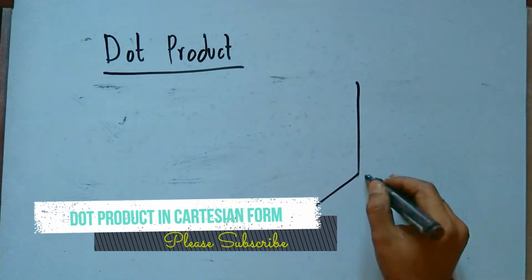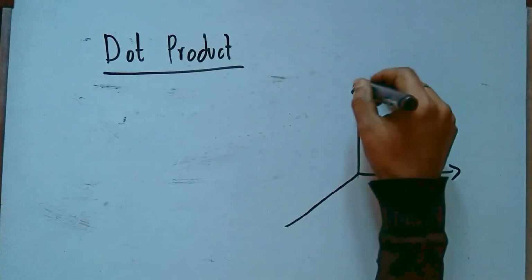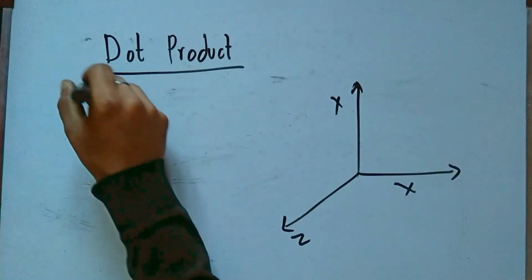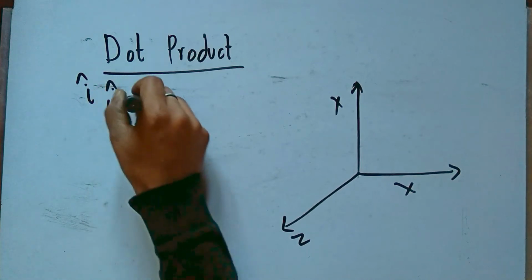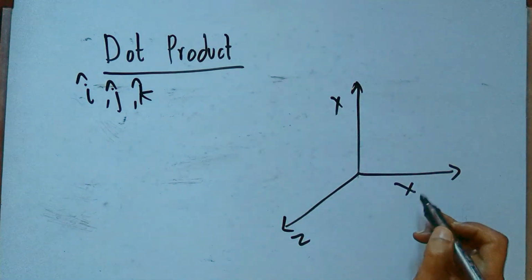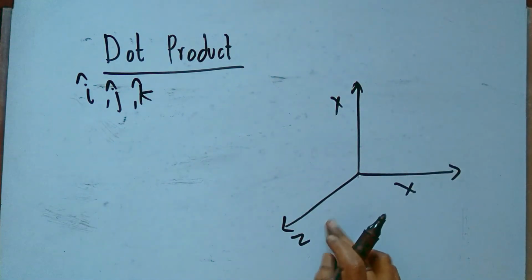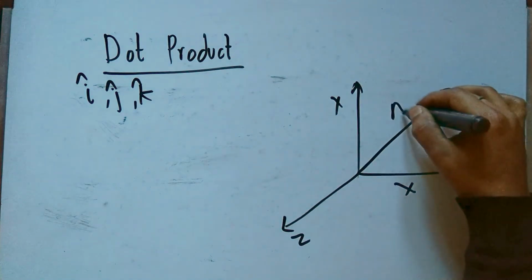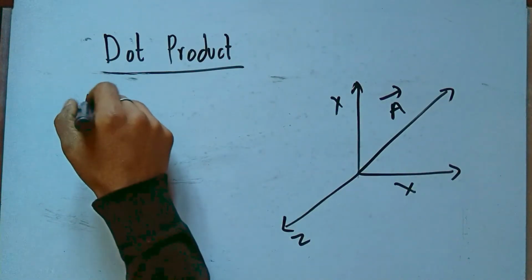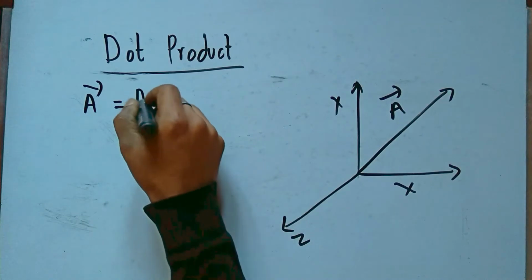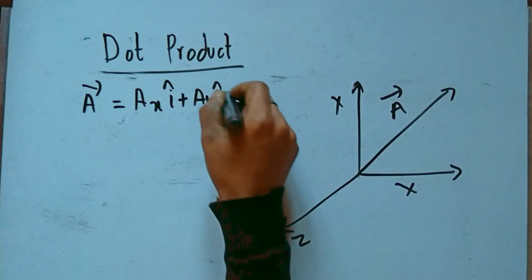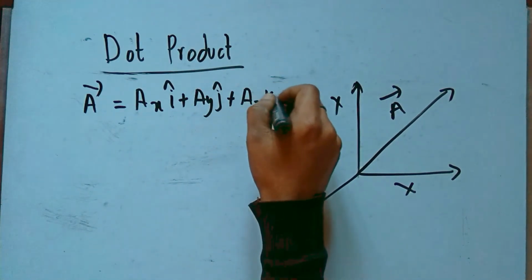If we take a three-dimensional coordinate system, this being x-axis, this being y-axis, and this being z-axis, let i cap, j cap, and k cap be the unit vector along x-axis, y-axis and z-axis respectively. If we have a vector A, then vector A can be represented as Ax i cap plus Ay j cap plus Az k cap.